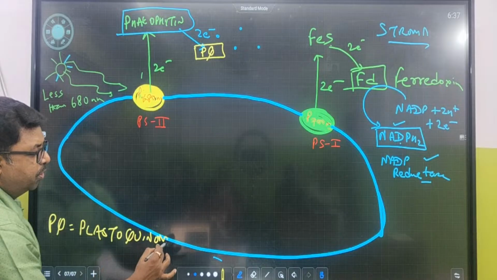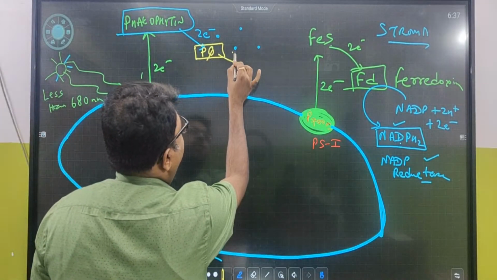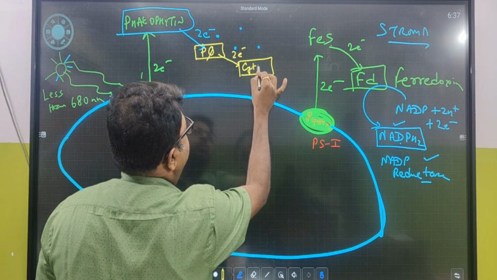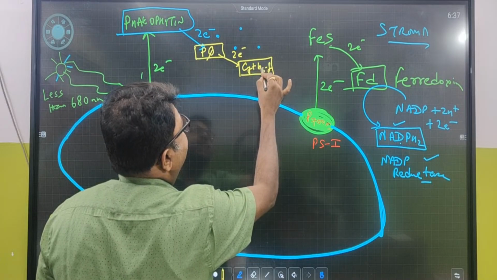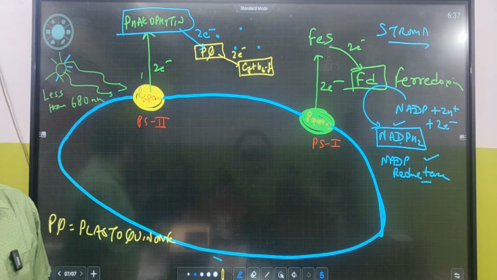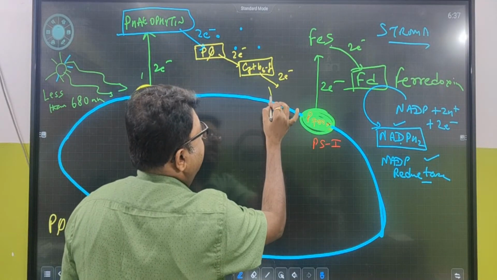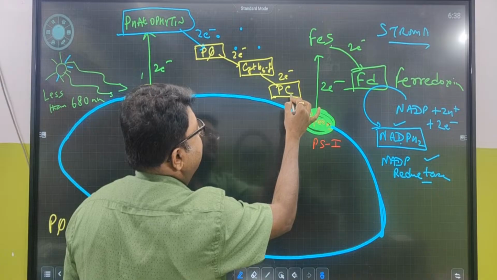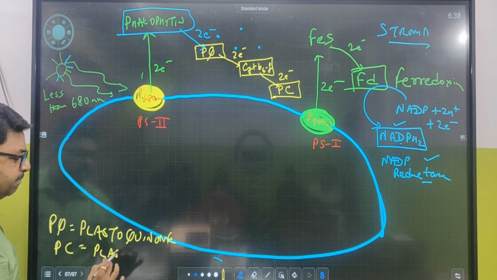Plastoquinone. And from plastoquinone, this electron is going to come over here to the cytochrome B6F complex. From here this electron goes downhill towards another acceptor called plastocyanin, PC. So what is PC? PC is plastocyanin.